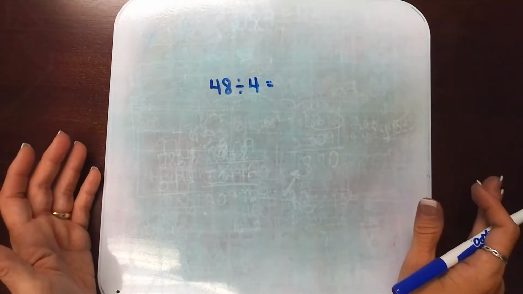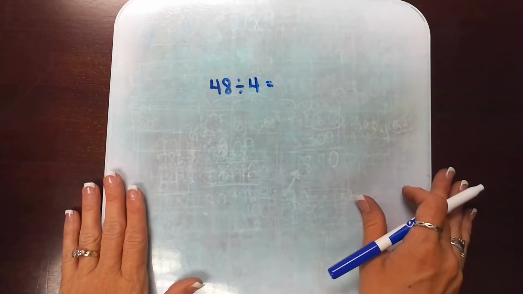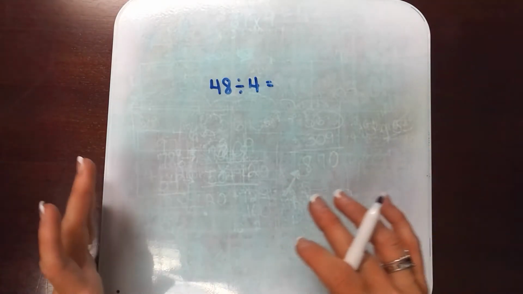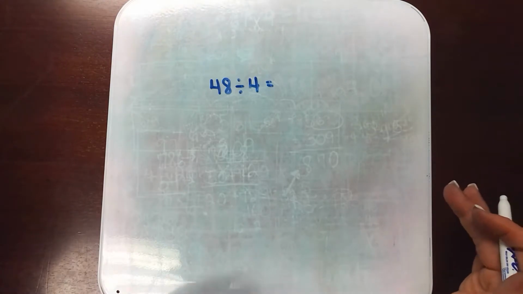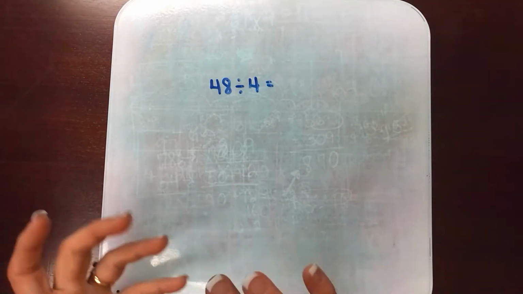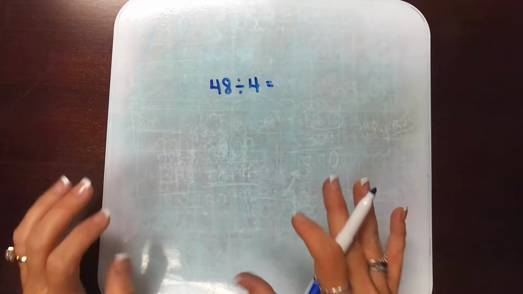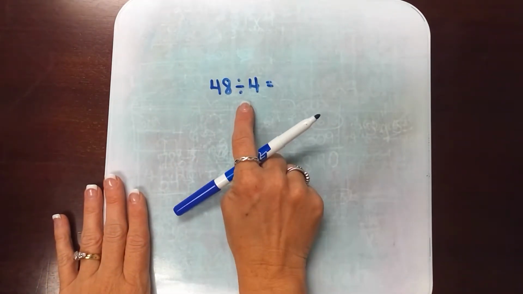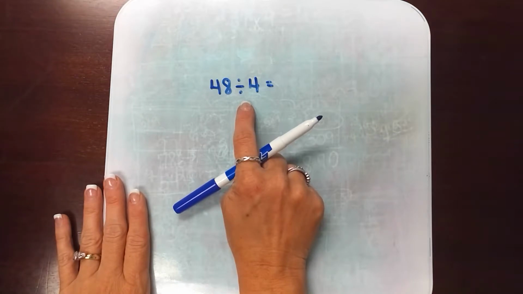But when they do that, most likely they're going to give students pictures of those 48 items, base 10 blocks of those 48 items, so that students have a way to use what's on the paper that's been given to them to solve that 48 divided by 4.